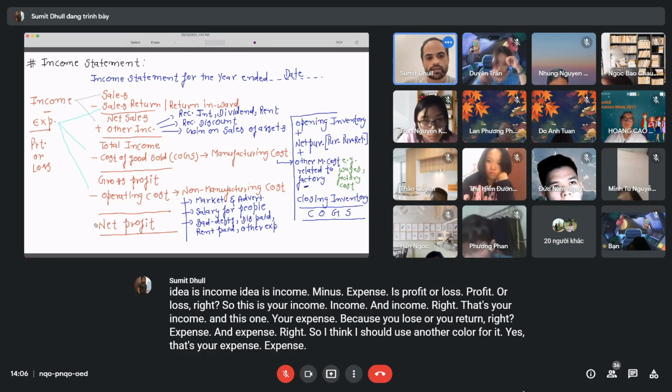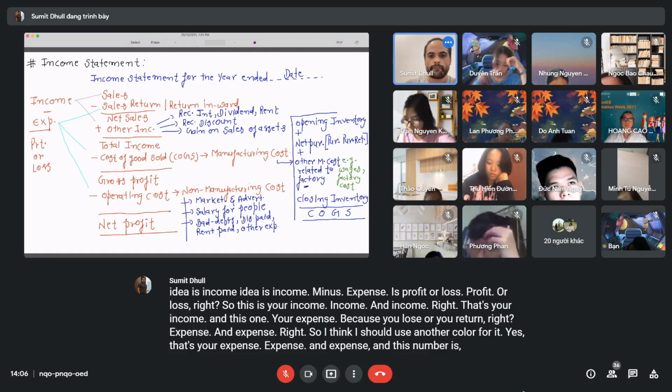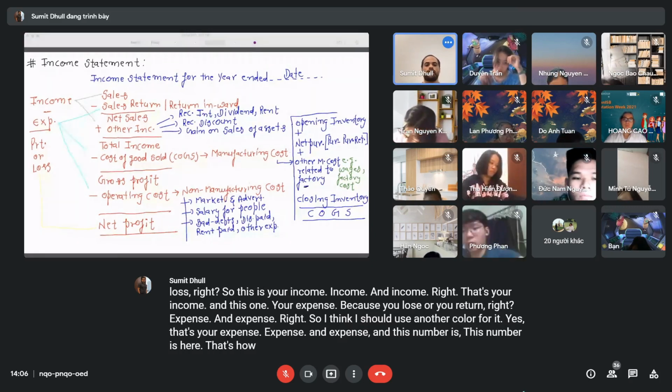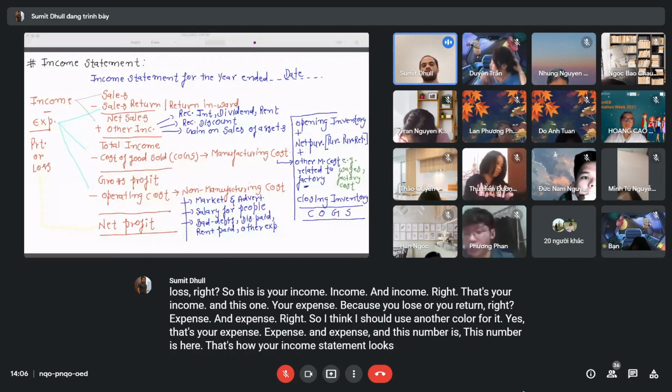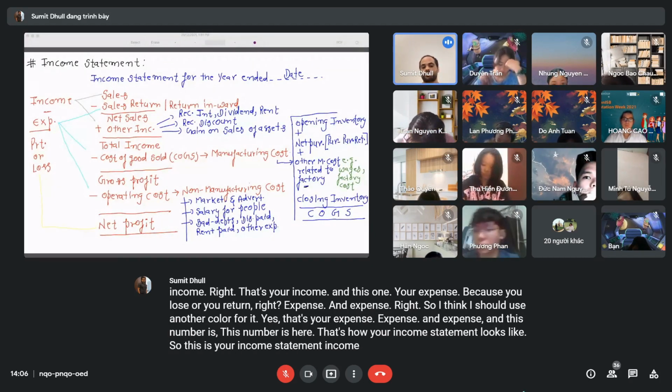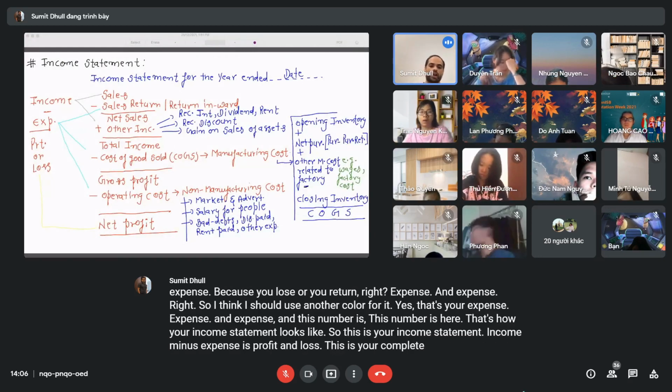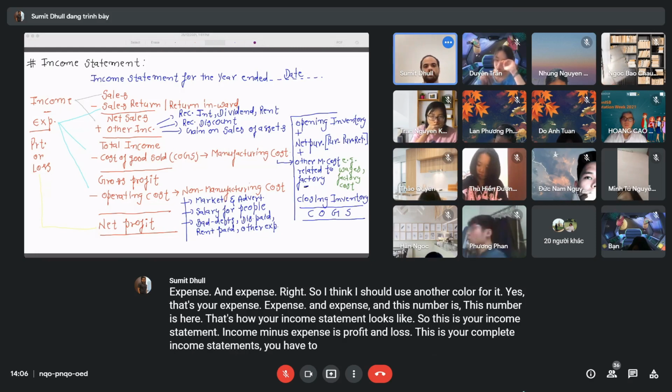And this number is here. That's how your income statement looks. So this is your income statement. Income minus expense is profit and loss. This is your complete income statement. So you have to prepare an income statement like this.